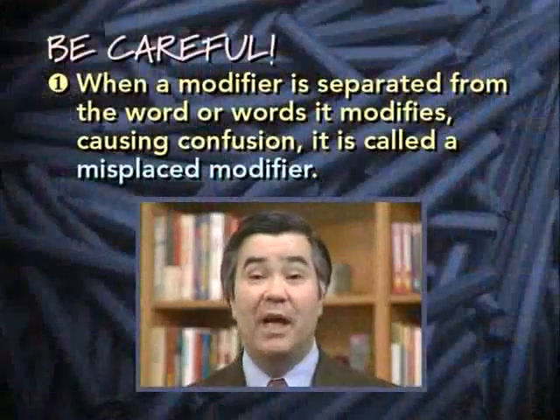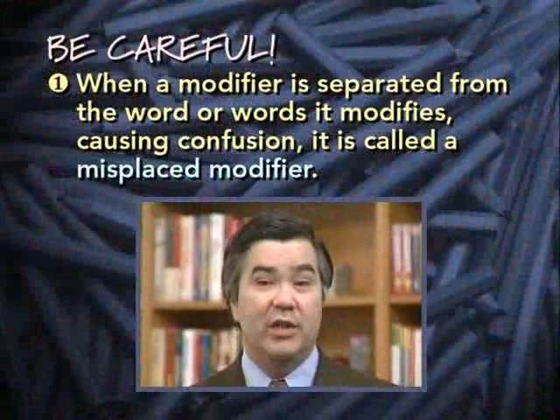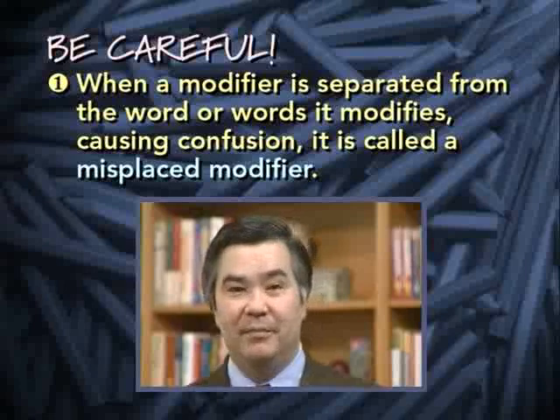It can create a problem if the modifying phrase or clause is not placed in the proper relationship to the rest of the sentence. And there are two basic problems to watch out for. Here they are. First, when a modifier is separated from the word or words it modifies, causing confusion, it is called a misplaced modifier.